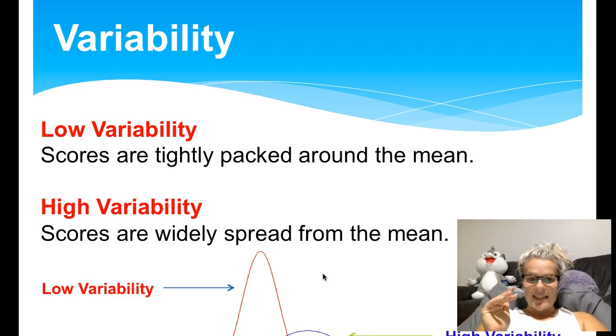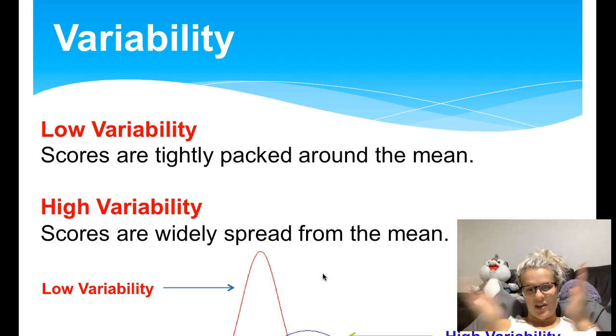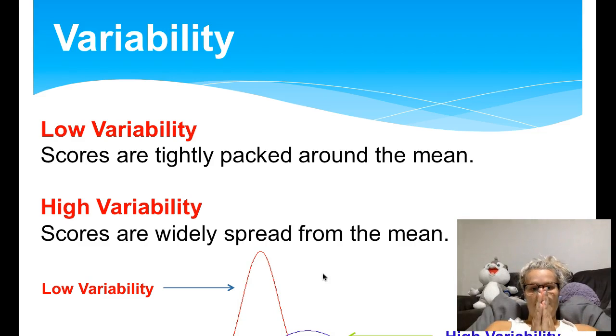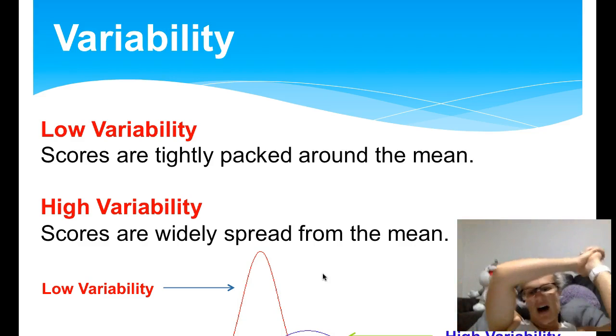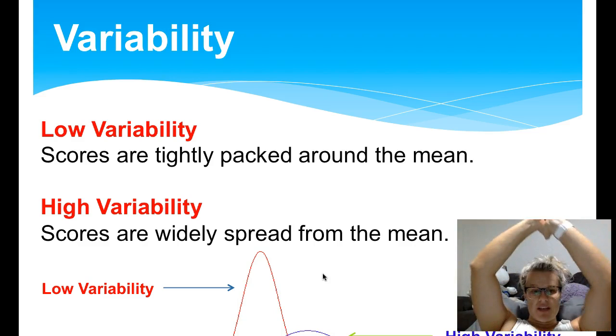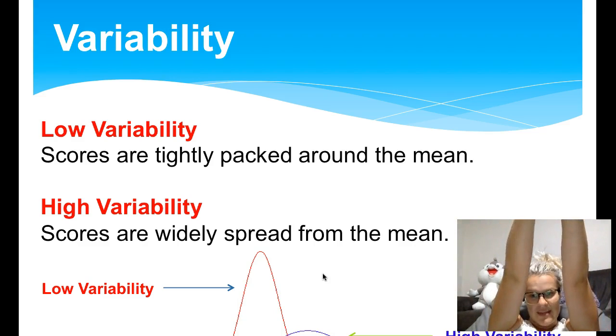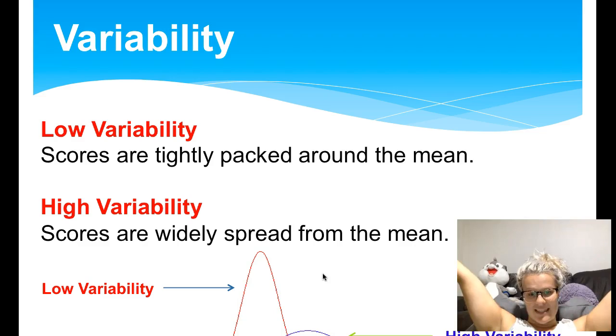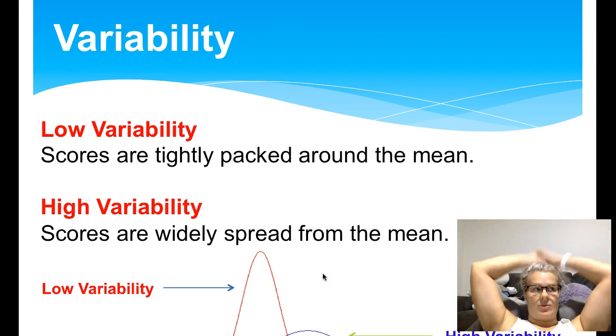Low variability means that scores are packed tightly around the mean. High variability means that scores are widely spread from the mean. If there is low variability, then our scores are all around the mean and we are good. If there is high variability, they're really widespread, they're not near the mean, and it's not what we want.